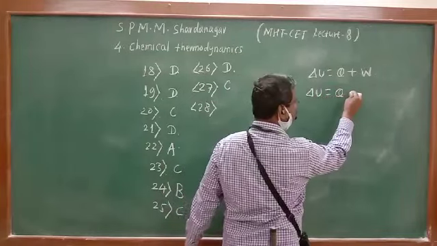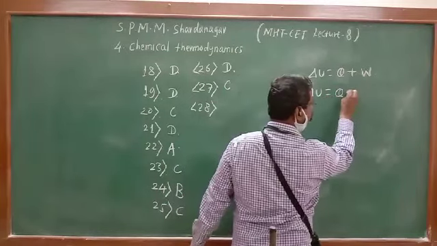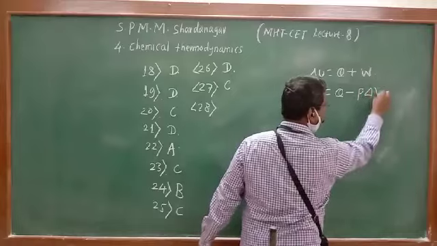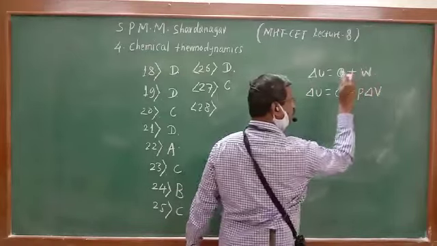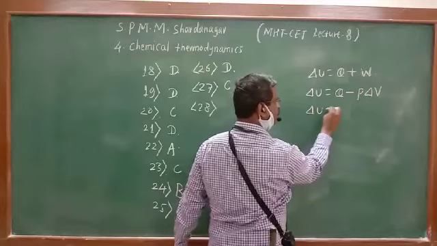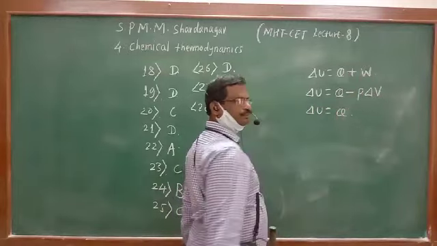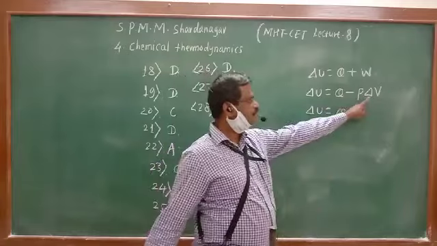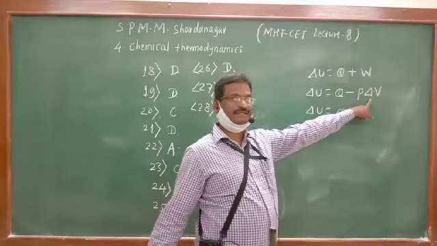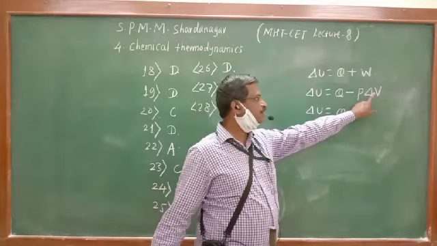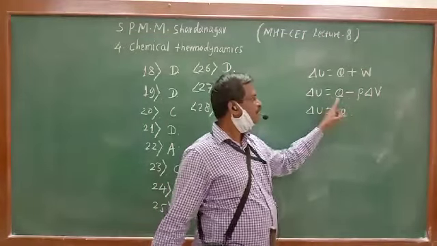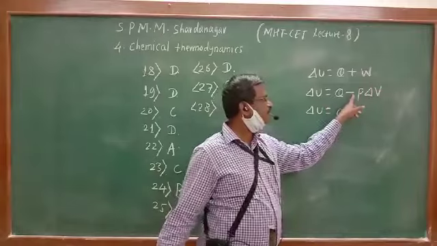Delta U is equal to Q plus W, where W is nothing but minus P delta V. For an isochoric process delta V is 0, and delta U will be equal to Q. Because the change in volume is 0, the work term will be 0.